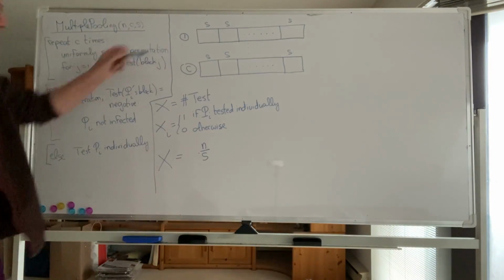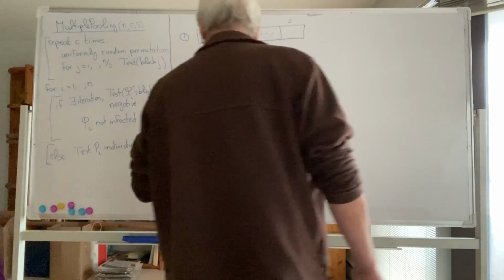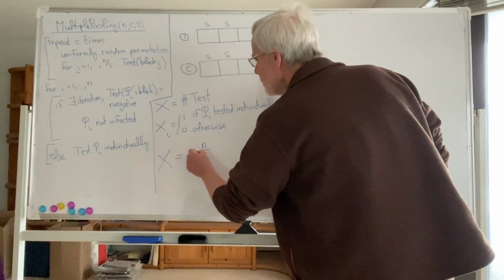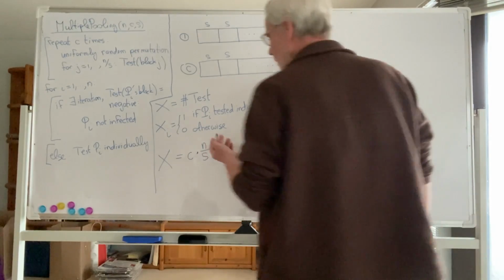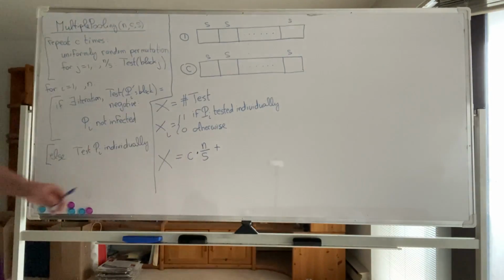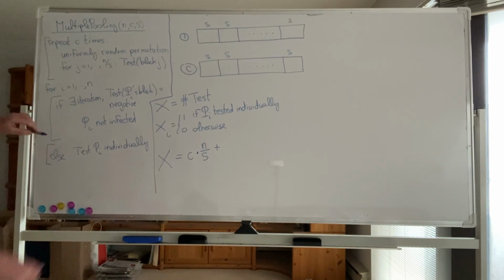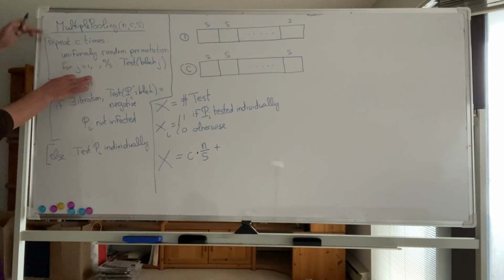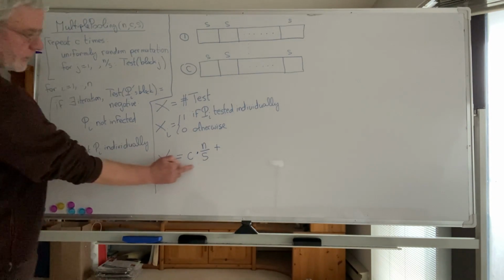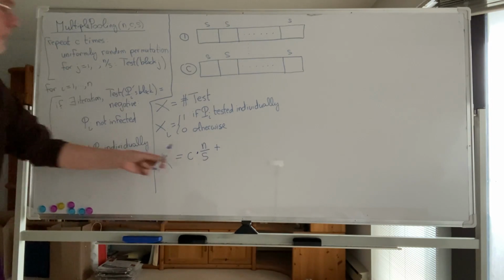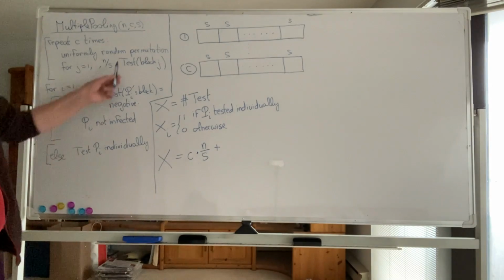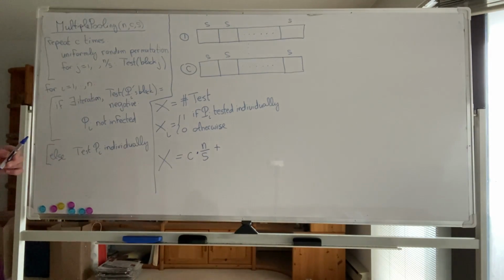But we repeat this c many times, so we get a c there. So this is the total number of calls to the procedure test just in this loop here. We do c times, and then we go through n over s many blocks, and we call this function test.